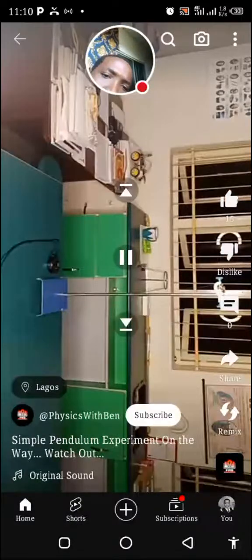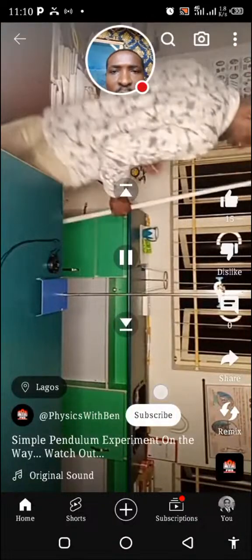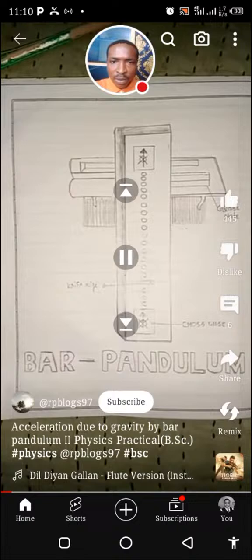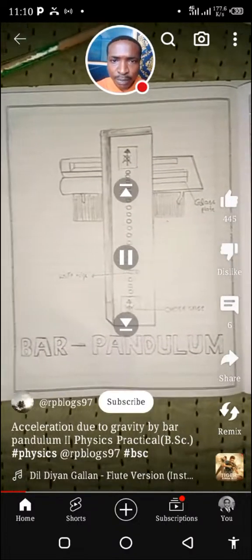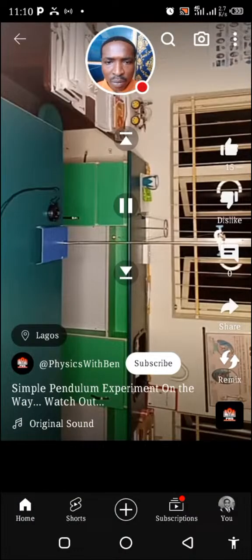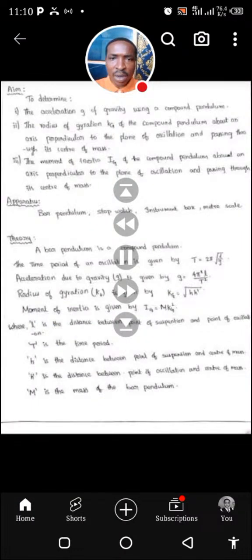So you can just slide your video to see what this man wants to do here. I think that is also a compound pendulum. Oh, that is a normal pendulum he is doing. Let's see this one. Here they call it a bar pendulum.